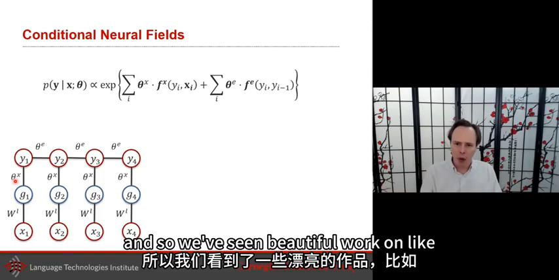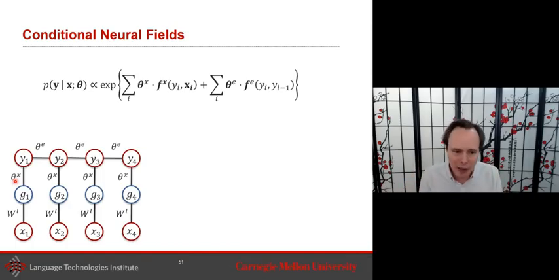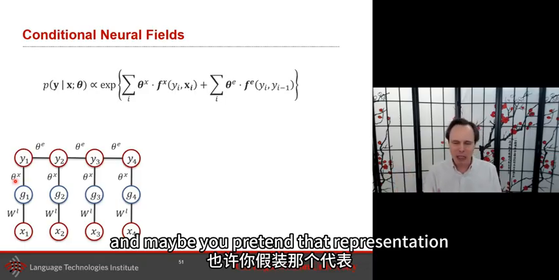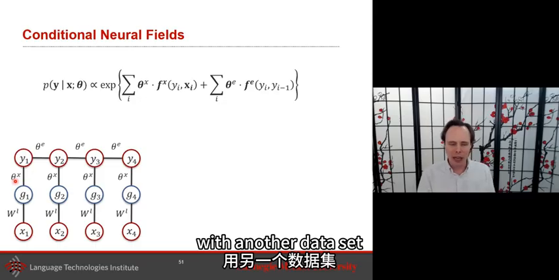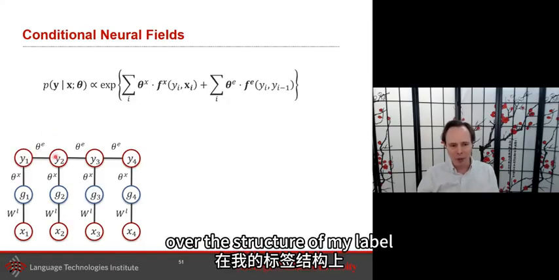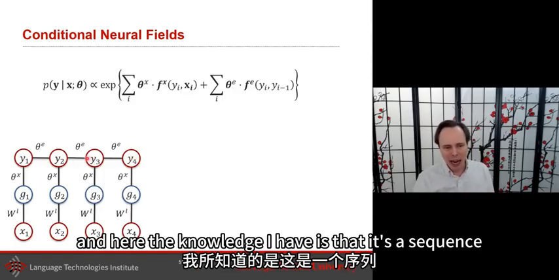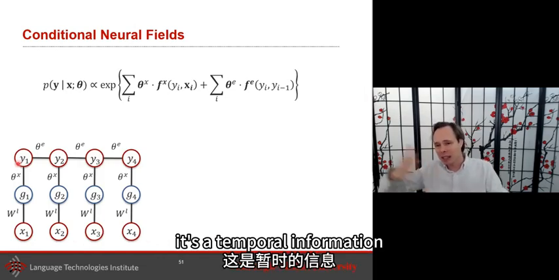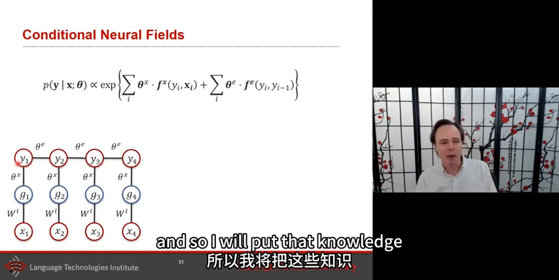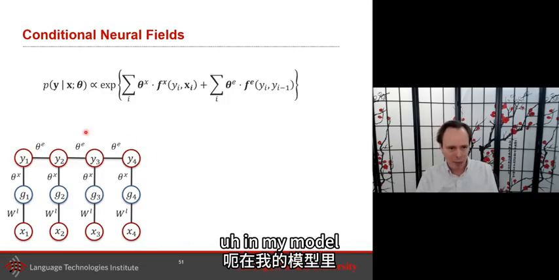We've seen beautiful work on learning good representations, and maybe you pre-train that representation with another data set. And then the conditional random field allows me to put knowledge that I have over the structure of my label. And here, the knowledge I have is that it's a sequence, it's temporal information. And so I will put that knowledge of temporal contingency in my model.